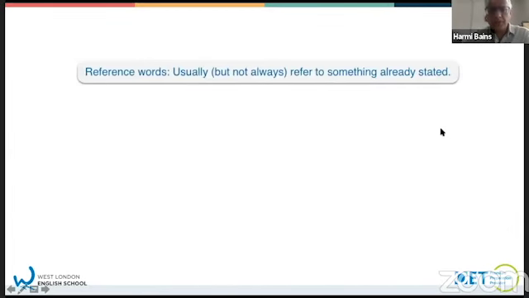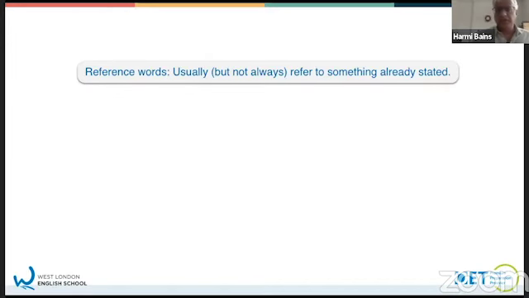So just to recap, guys, we looked at referencing with these lexical questions. You're not being tested on the definition of words. You're being tested on what these words often refer to or how they're being used in context.